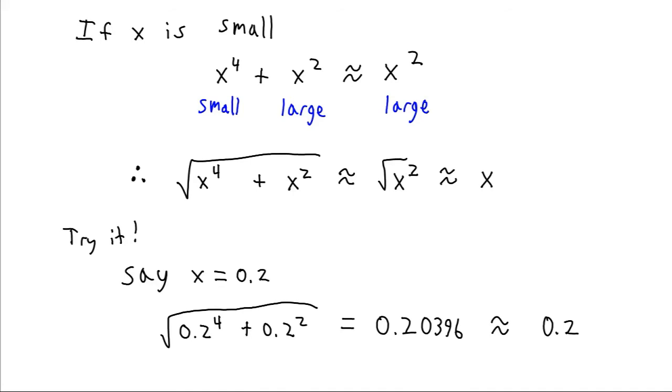If we punch it into our calculator, square root of 0.2 to the 4th plus 0.2 squared, we get about 0.20396. Well, that's about equal to 0.2, which was our x. So in this case, it's worked out again. We've gotten a rather close answer using our approximation, which obviously requires a lot less calculation.